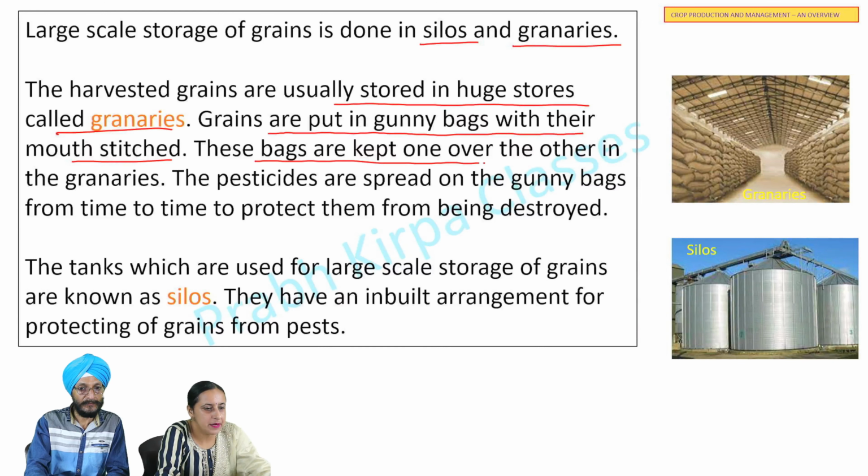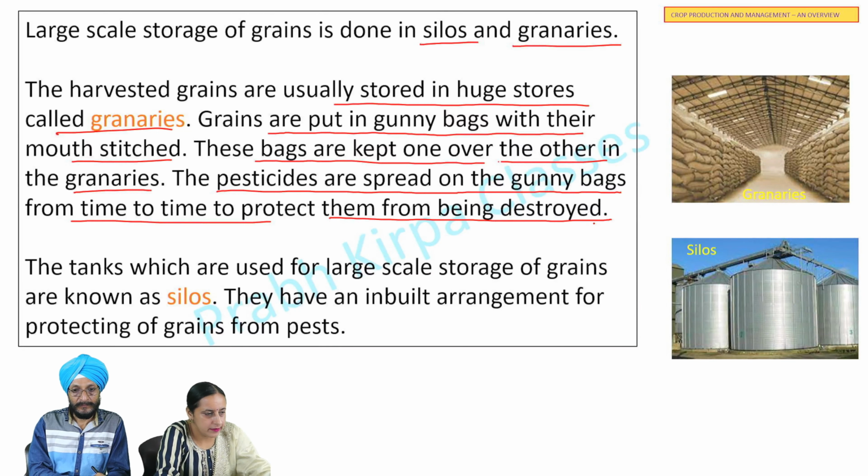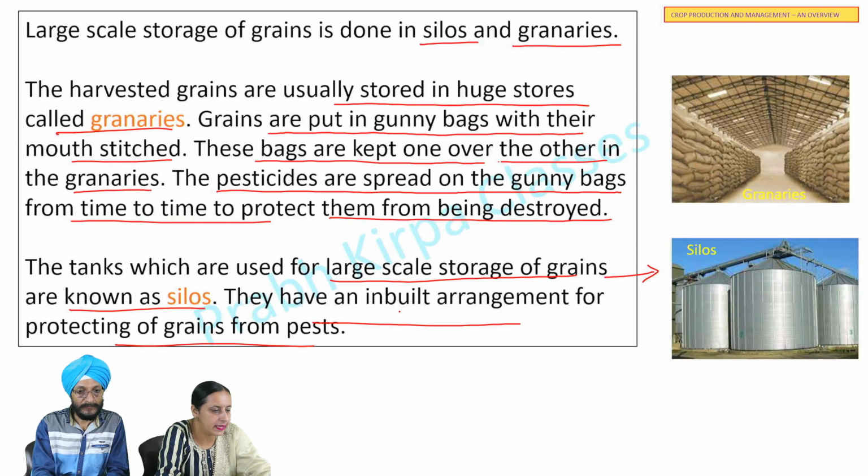These bags are kept one over the other in the granaries. Pesticides are spread on the gunny bags from time to time to protect them from being destroyed. The tanks, which are used for large-scale storage of grains, are known as silos. They have an inbuilt arrangement for protecting grains from pests.